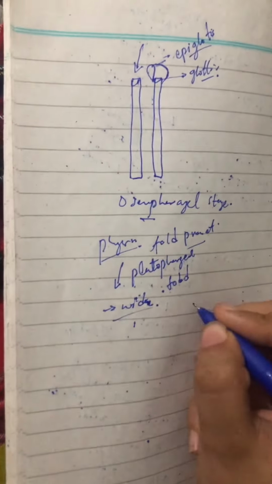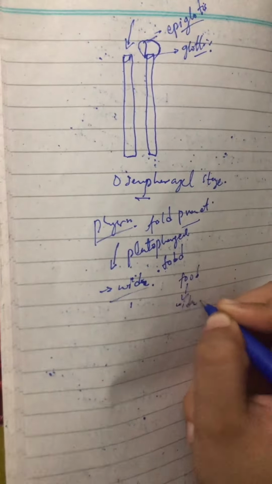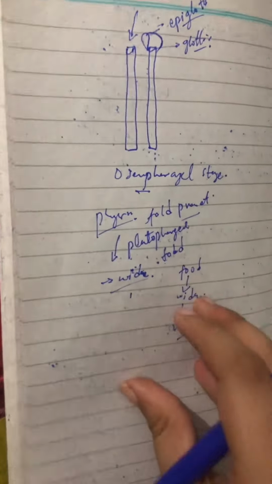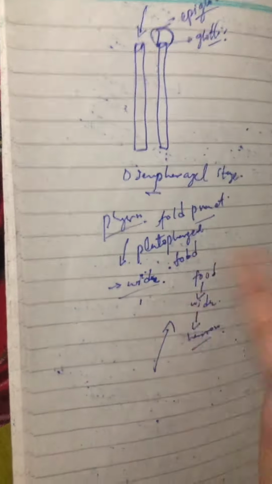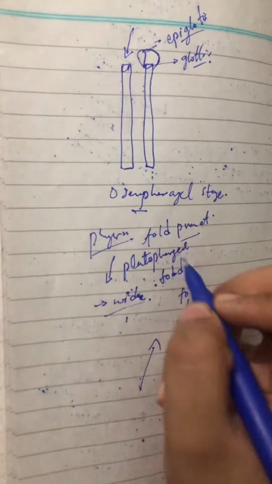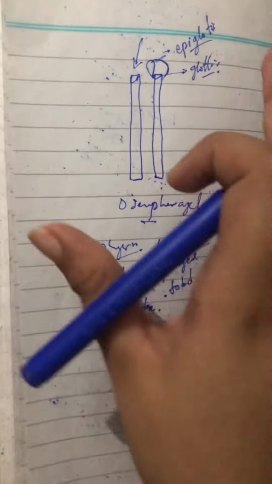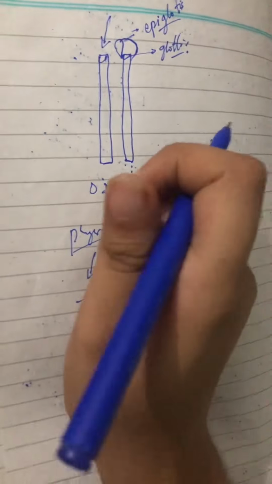Like first, when the food comes, they will become wider, and after that they will become narrow or constrict, so that food cannot move upward to the oral cavity again. So the work of this fold is that the bolus will not move upward toward the oral cavity. That is the work of the palatopharyngeal fold.